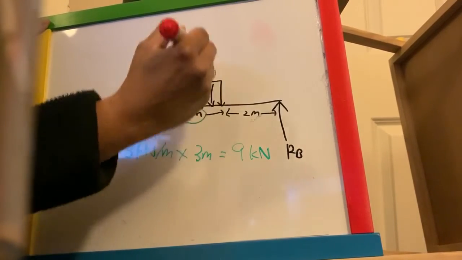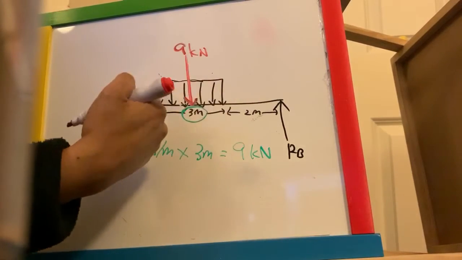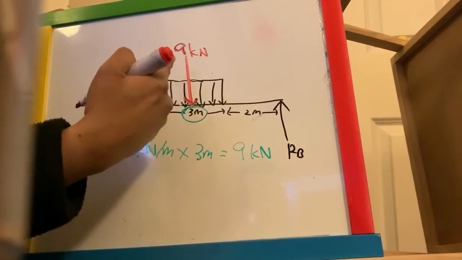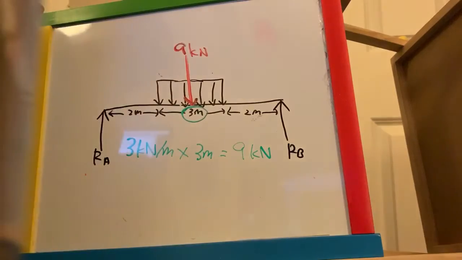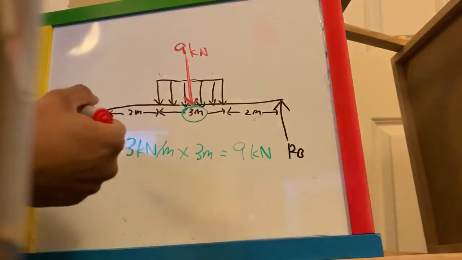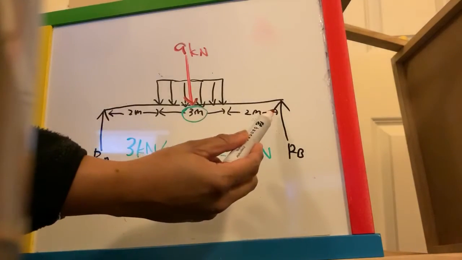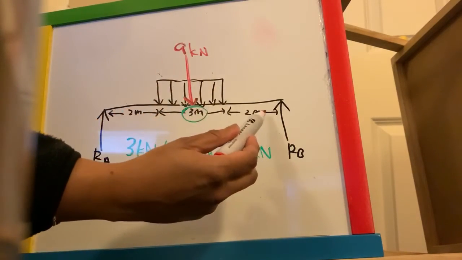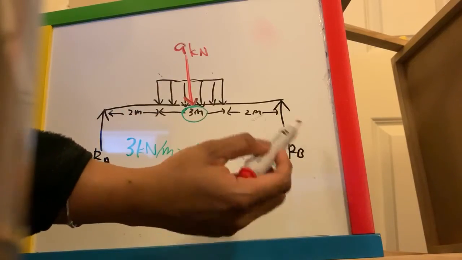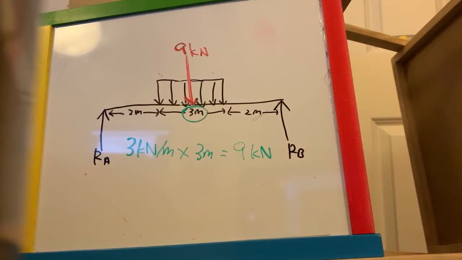So all this uniformly distributed load is cancelled off and is represented by one single load. Then you just start working on it as usual, as we did in the previous problem: taking moments about RA with the 9 multiplied by its distance equal to 0, and then finding RA and RB accordingly, like what we did in the previous video.